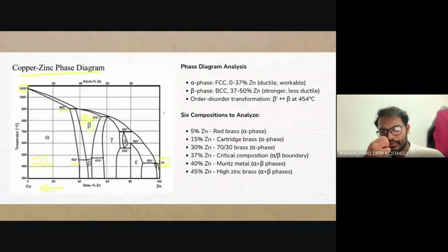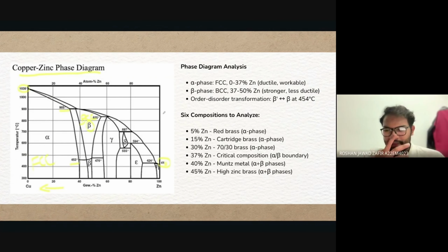To understand how brass shifts its properties, we have a phase diagram which will be explained by my teammate later on in the video. But for now, you can see that in alpha phase, when it's FCC, we have 0 to 37% or a low composition of zinc, which makes the material ductile.